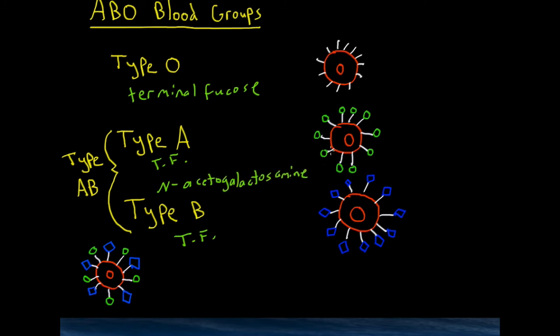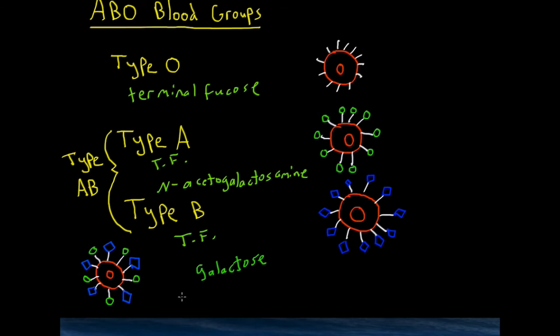And this ends up being a side chain, like you can see here I drew in with these blue dots. And finally, for type B, we have our terminal fucose again, but we also have this time just a simple galactose side chain.